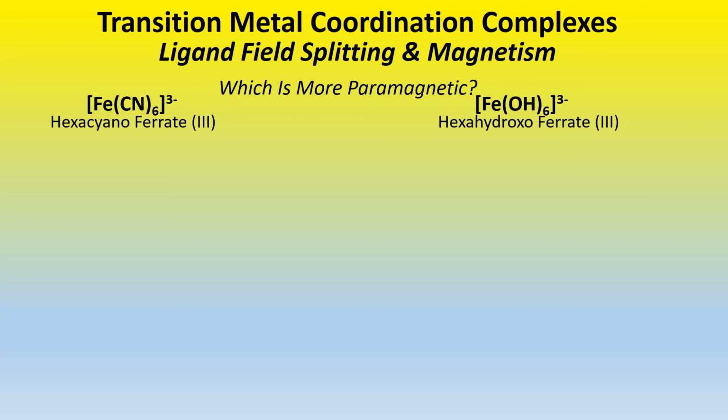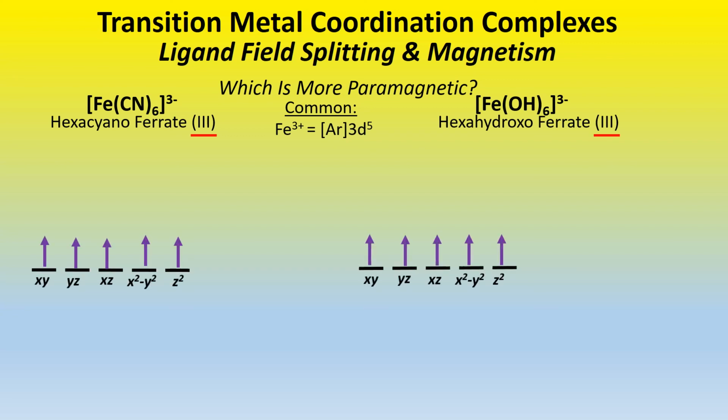So, I look at the names. What do they have in common? First of all, at the end, they are all 3. Iron plus 3 has an electron configuration of argon 3d5, which means with my 5 d orbitals, I have 1 electron in each orbital.